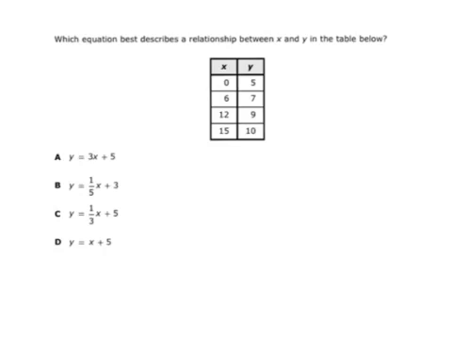So here it asks, which equation best describes the relationship between x and y in the table. So let's take a look here. Like I had said, this is going to be representing the input, what you're going to plug into. These numbers show you the output, what you get out when you plug in the input.